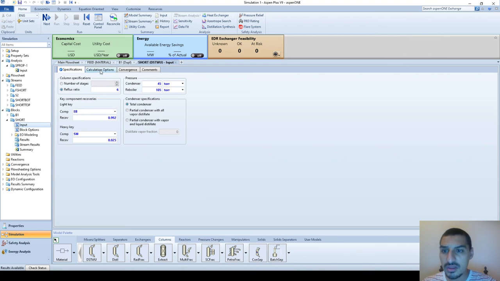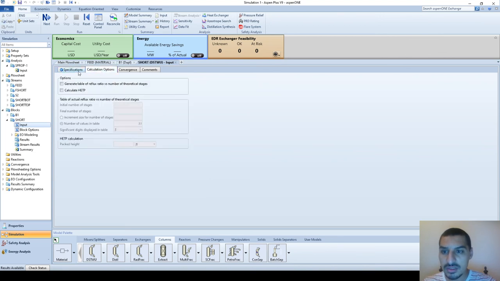There is one thing that we can do in the options. It's a very nice option. You can generate a table of reflux ratio versus the number of theoretical stages, which means I will ask the software to do the calculations for many reflux ratios and calculate the number of theoretical stages for each one of these reflux ratios.